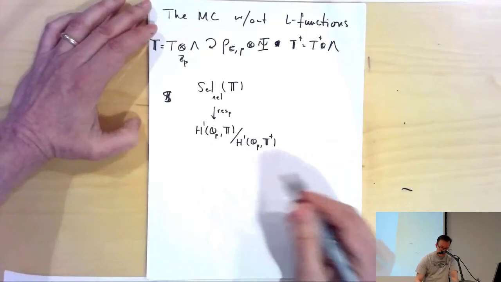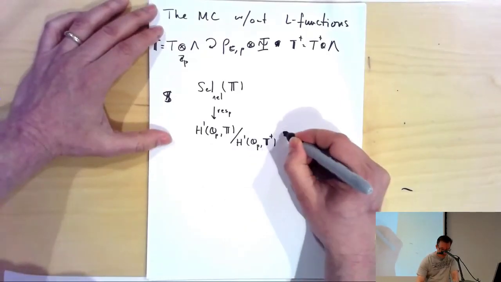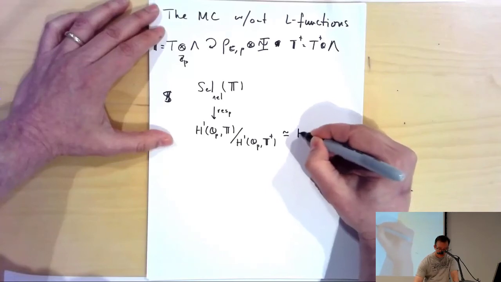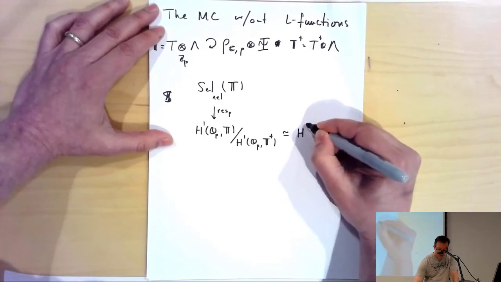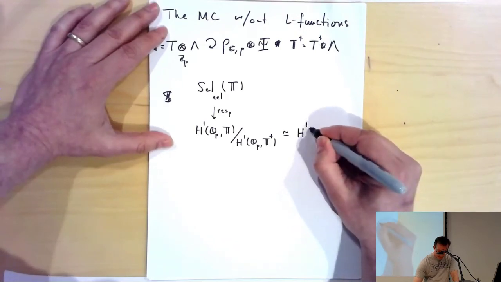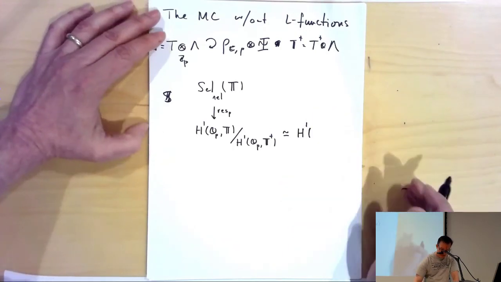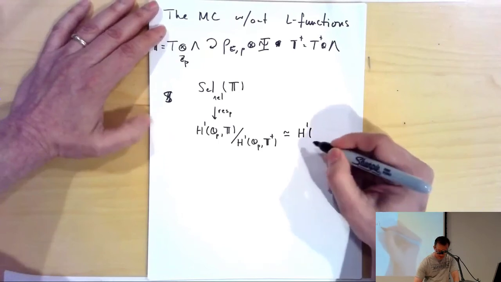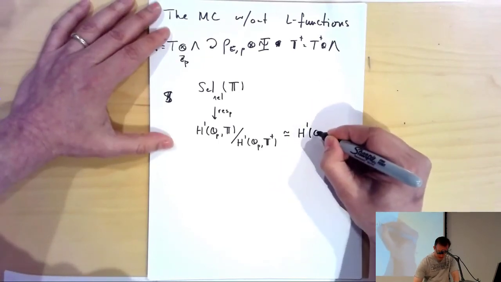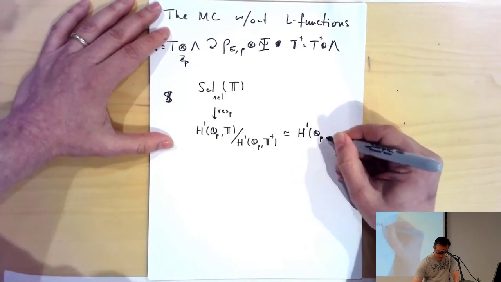Okay, and this by local Tate duality is actually dual to the H^1, well, what is it actually? It's not quite H^1 of Q_p.